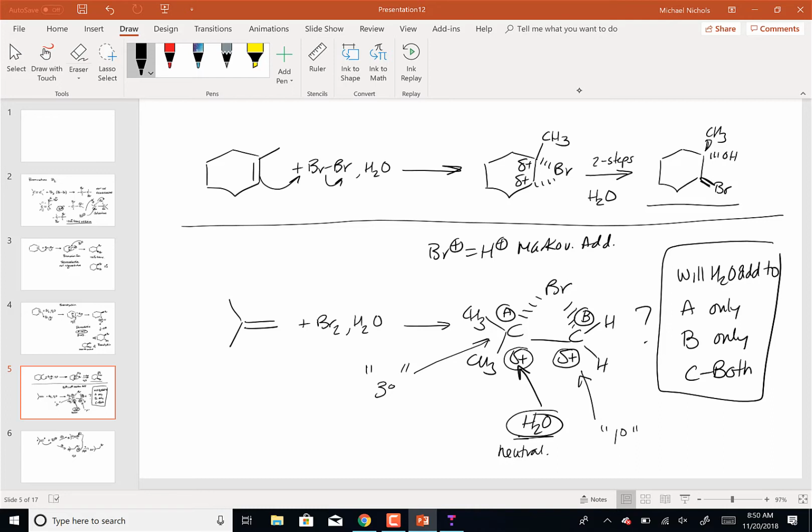So you have to take stereo and regioselective one at a time. But we've done reactions that are neither. We've done them that are both. And then there's some that are each.